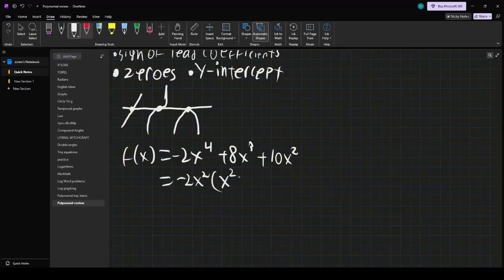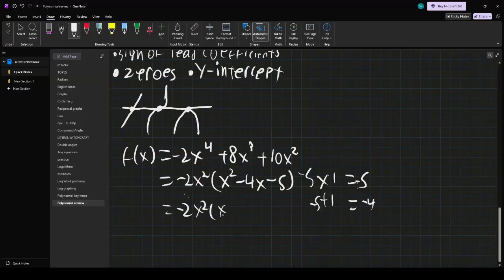Now x squared minus 4x minus 5, my mistake, is just a simple trinomial. So it was -5 and plus 1, so this is -2x squared, x minus 5, x plus 1.